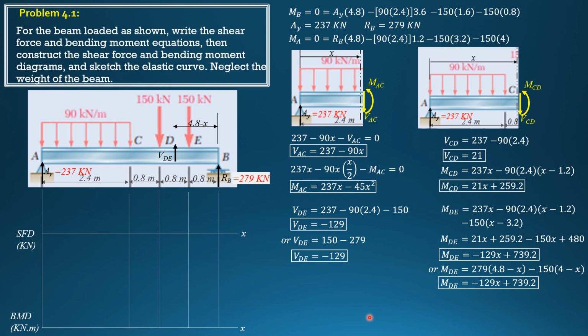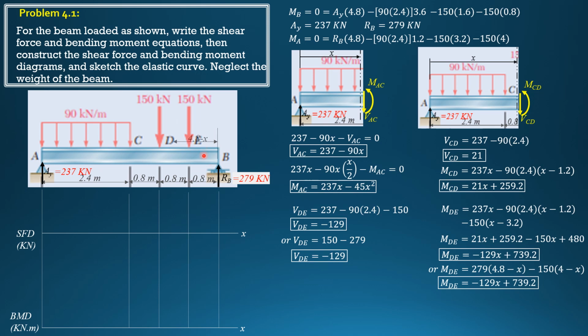Then finally, because I only presented the right section for section DE, for section EB let's consider the left section to continue. So that's the section, and the distance from the left is x again. And that's the positive shear.